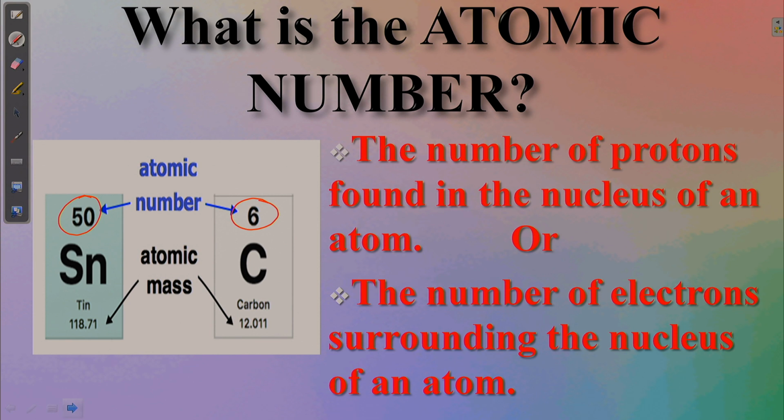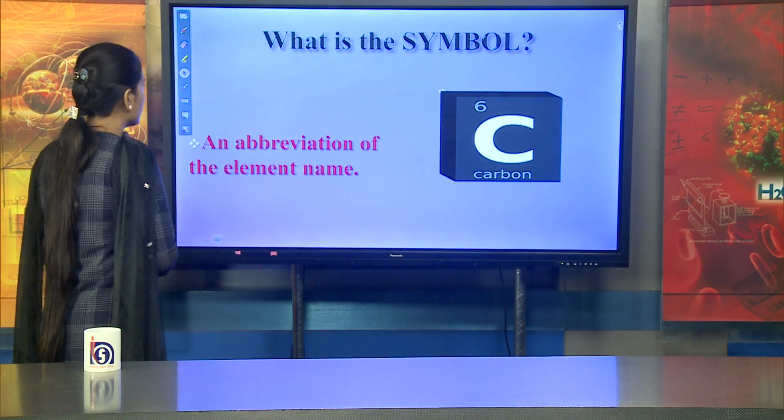For example, the atomic number for carbon is 6 and the atomic number for tin is 50, and the mass number of an element is written below the element. For example, for carbon it is 12.011 and for tin it is 118.71. Now the question arises, what is the symbol?